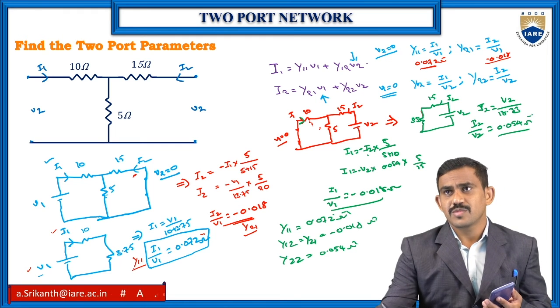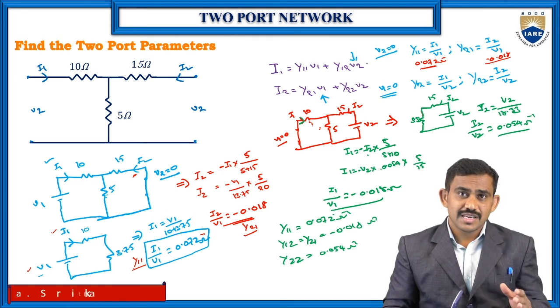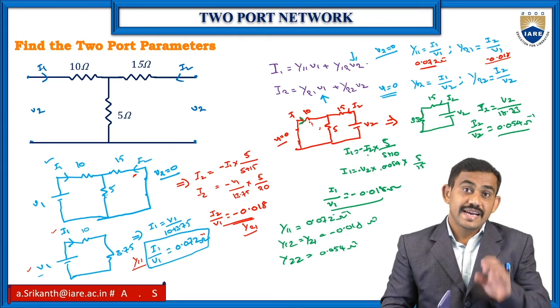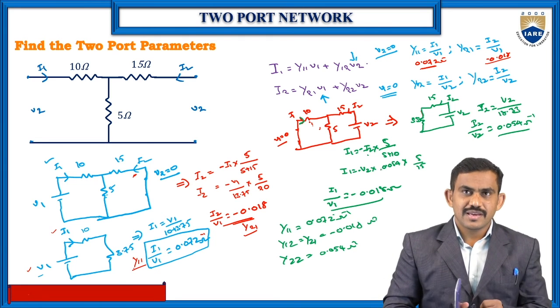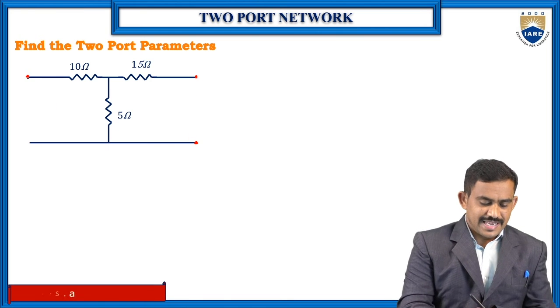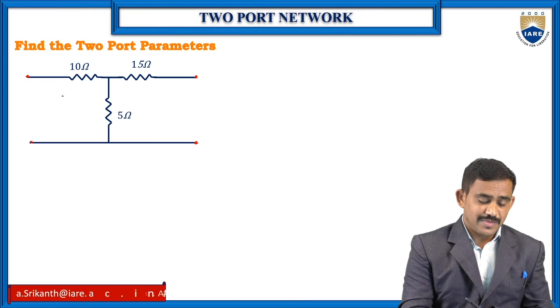Okay, so this is about Y parameters, when we know the T network, from the T network equations to Y parameters, or otherwise from conditions to Y parameters. Same thing, I want to find the ABCD parameters as well as H parameters.